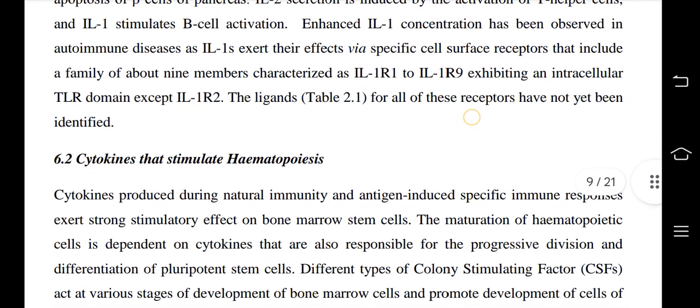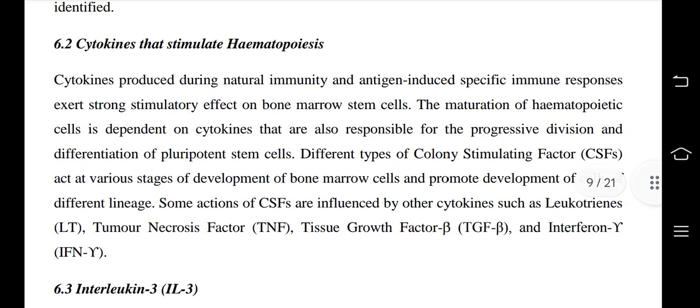The next, cytokines that stimulate hematopoiesis. Cytokines produced during natural immunity and antigen-induced specific immune responses exert strong stimulatory effect on bone marrow stem cells. The maturation of hematopoietic cells is dependent on cytokines that are also responsible for the progressive division and differentiation of pluripotent stem cells.